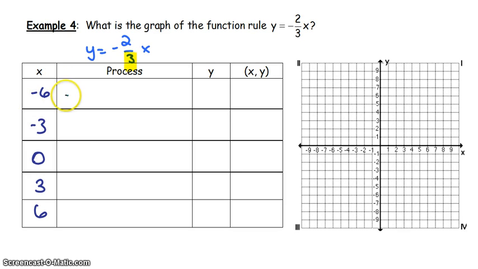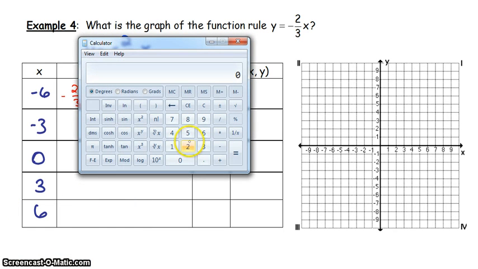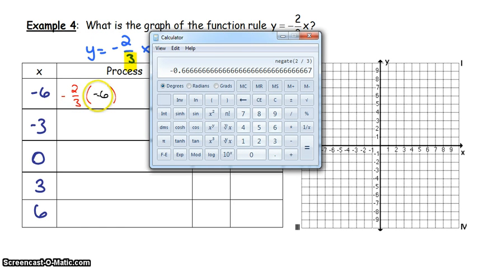So my process, -2/3 times my x, in this case we chose that to be -6. We take out our calculators and we put that into our calculators. 2/3 I'm going to put in a fraction form, 2 divided by 3, and I make that negative, and I'm taking 2/3 times -6.